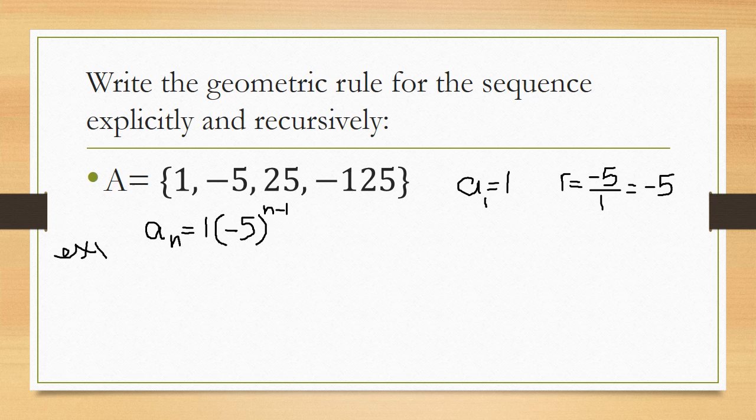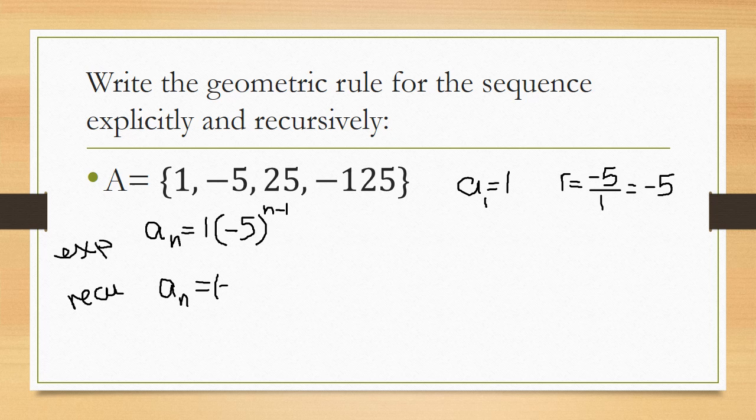To write the recursive rule, I need to follow the recursive formula for the geometric sequence, which is a sub n equals, each time we multiply the previous term by the common ratio, which is -5.